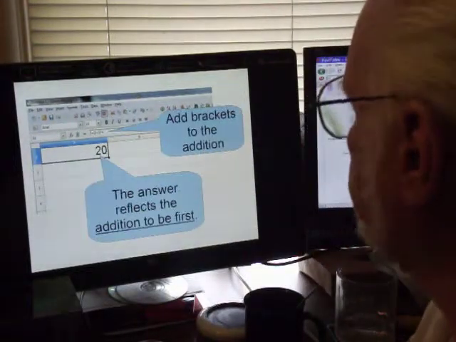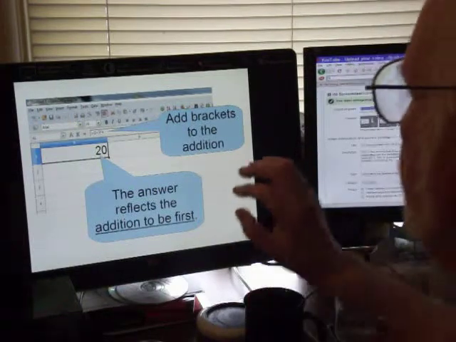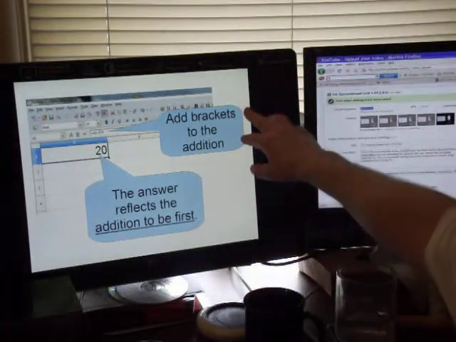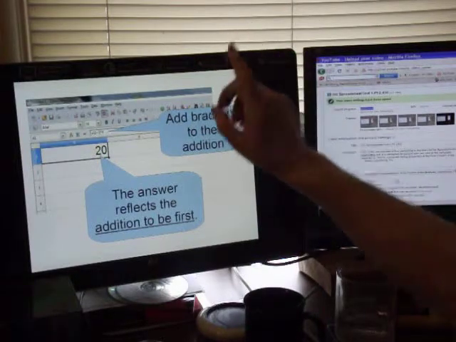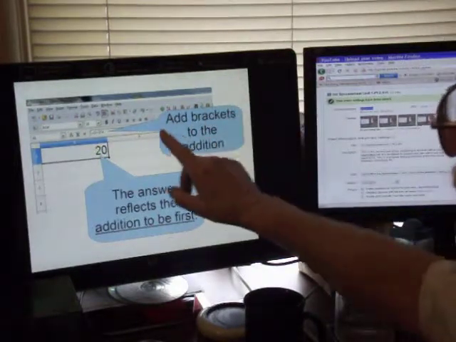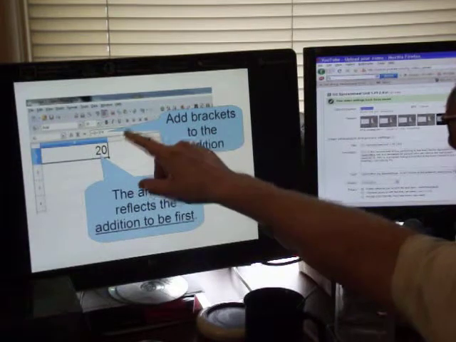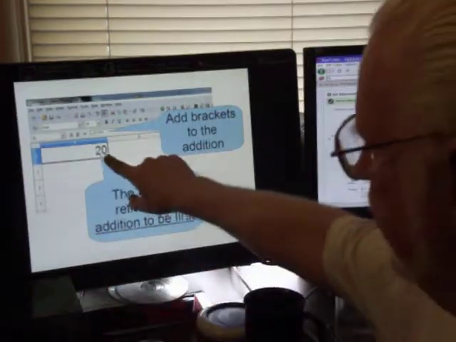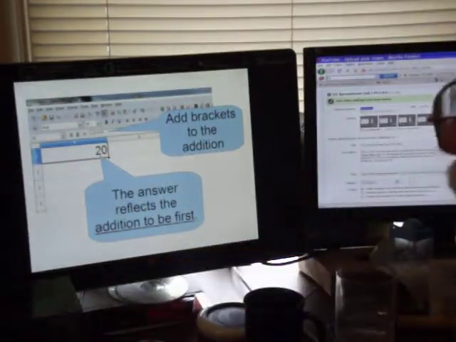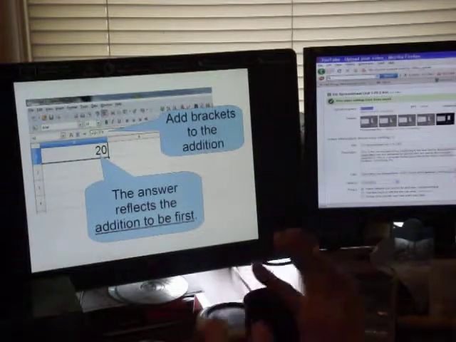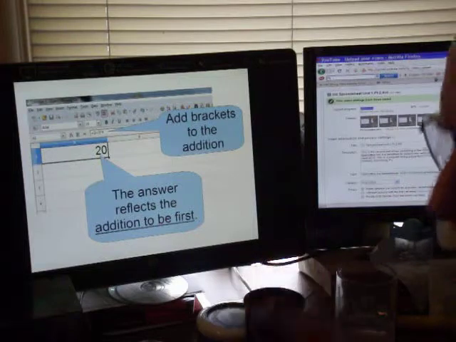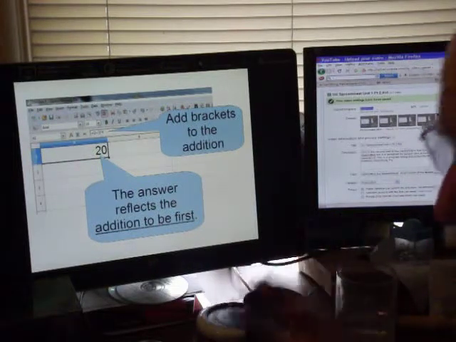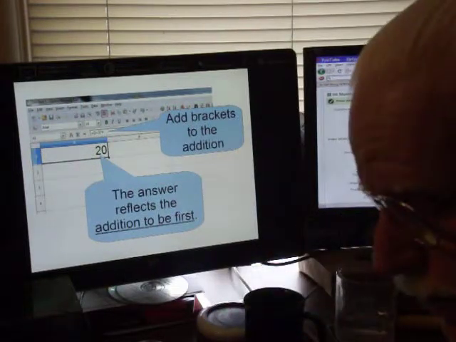Okay? Now, if we add the brackets in there, or the parentheses, then we will know that that takes place. So 3 plus 2 is 5 times 4, and the answer is now 20. But take special notice that the equation stays intact. Only the display is changed to realize the answer.